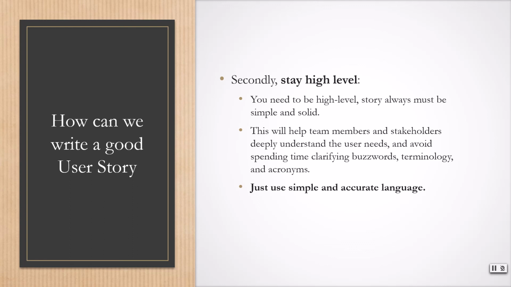And just use simple and accurate language. It means you don't need to show that you are very good at language. You don't need to use very difficult words, but use very simple language to make everyone understand.